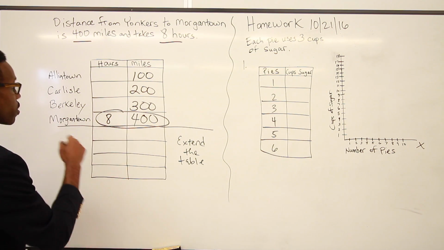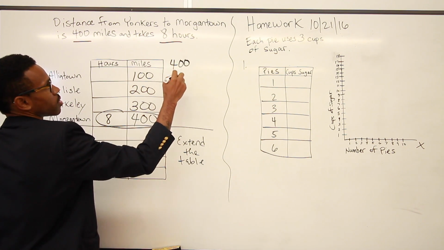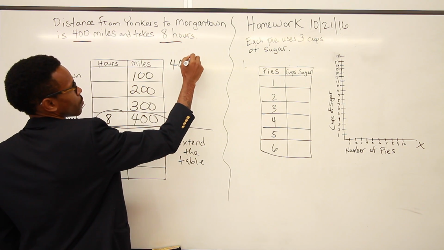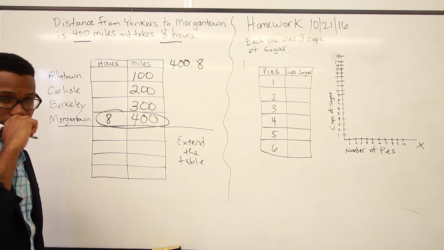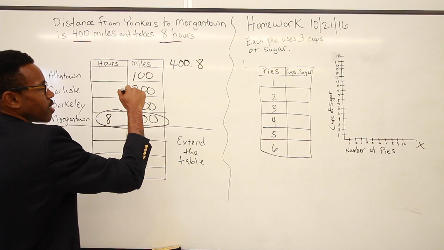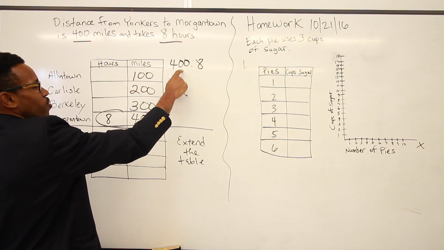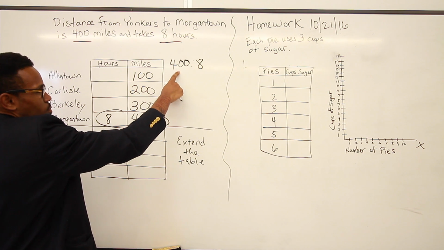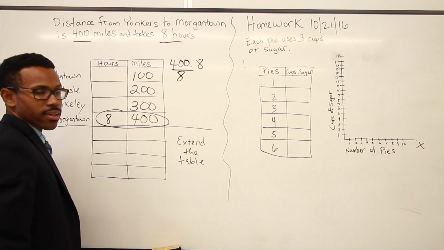We knew that for 400 miles, it took 8 hours to travel that distance. So we have 400 to 8. Now we find the value by dividing the 400 by 8.